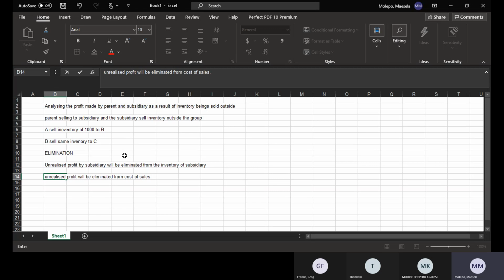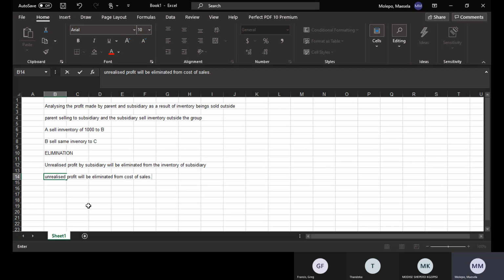We've got P Limited who sells inventory to S Limited, and P is making the profit. So in that case, no adjustment to non-controlling interest is necessary, because the non-controlling interest will be the portion which is owned in the subsidiary. So since it's the parent selling to the subsidiary, the non-controlling interest doesn't have any impact, because normally we show the non-controlling interest in the analysis of shareholders of the subsidiary.